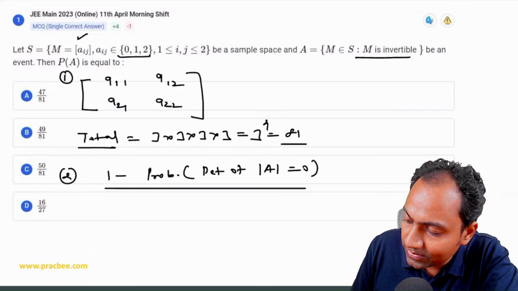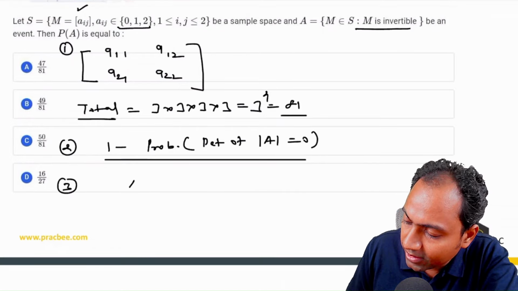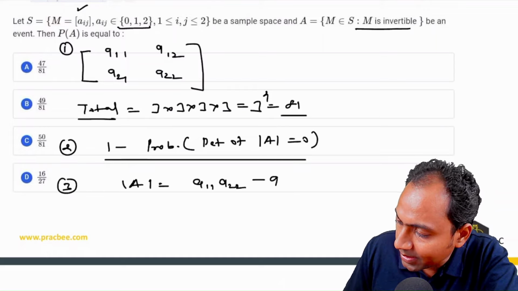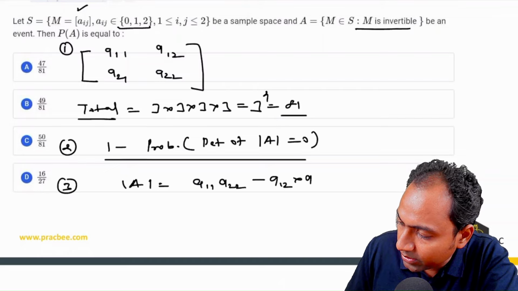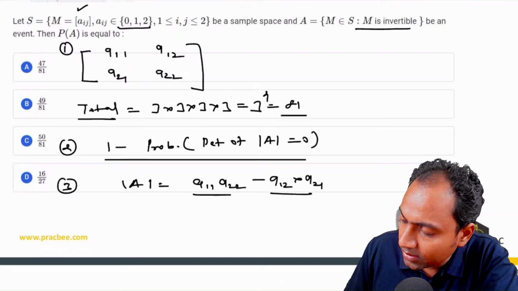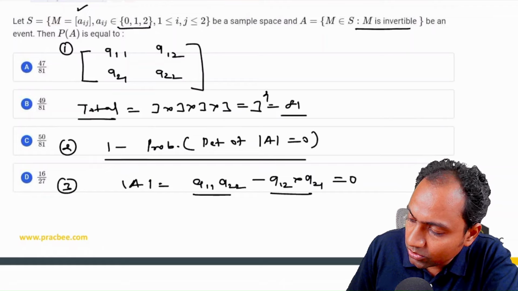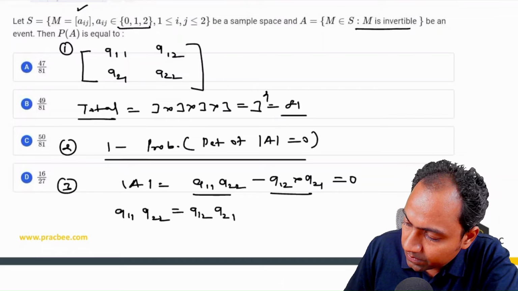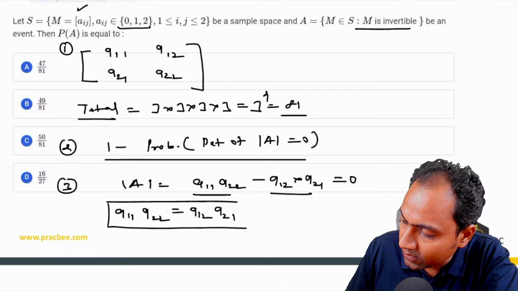So this becomes the third part of the question, and then make a table. So if I write the determinant, it is going to be nothing but A11 into A22 minus A12 into A21. Okay. So now if I say that this is equal to 0, that would mean A11 into A22 is equal to A12 into A21. These need to be equal.